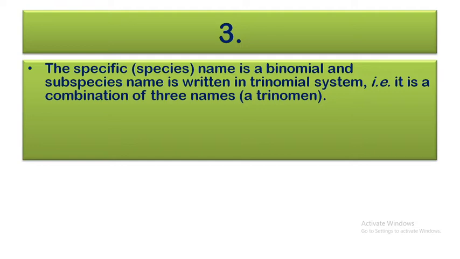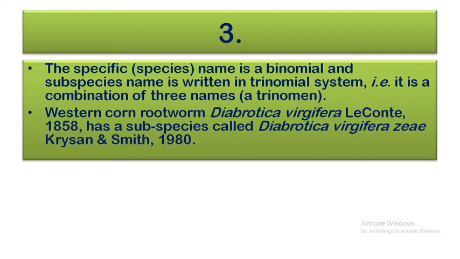And the subspecies name is written in the trinomial system. When a genus and species name is there, it is a binomial, and when a genus, species and subspecies name is there, it is a trinomial, and this system is called trinomial nomenclature. That is, a combination of three names.